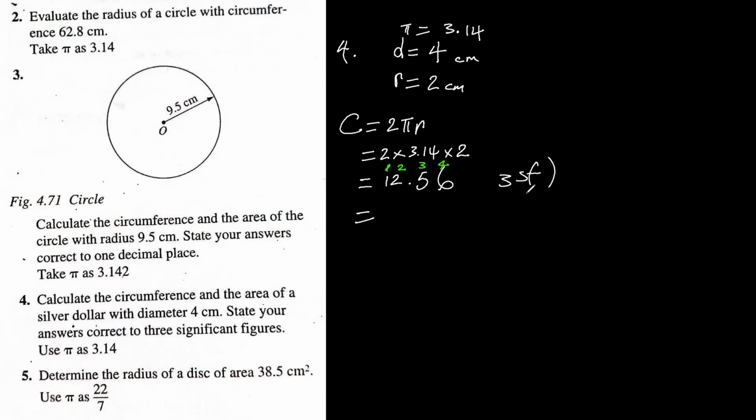In significant figures, all the numbers are important, even the whole number part. So there's one significant, two significant. I need one more, so I look at the fourth, it's 6, so I have to add 1 to the 5. 5 plus 1. So this is now 12.6 centimeters.